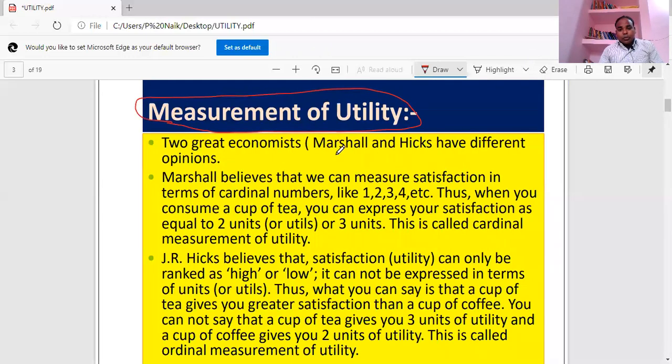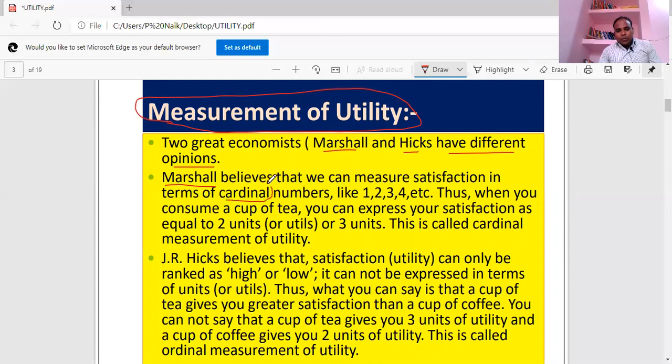Two great economists, Alfred Marshall and J.R. Hicks, have different opinions regarding utility. First we'll take the opinion of Alfred Marshall. Marshall believed that we can measure satisfaction in terms of a cardinal number.